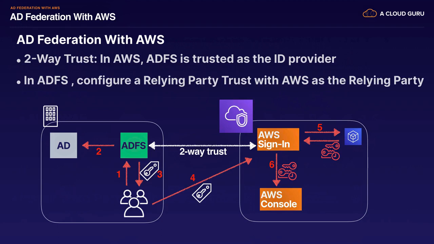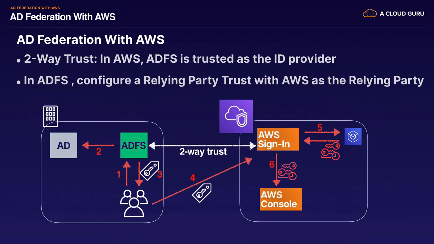Moving on to AD Federation with AWS. So if you want to allow your users to log into the AWS console using their Active Directory corporate credentials, you're going to need to set up AD Federation. And the first thing you need to do is to configure a two-way trust. So this just means that within AWS, ADFS or Active Directory Federation Services is going to be trusted as the identity provider.